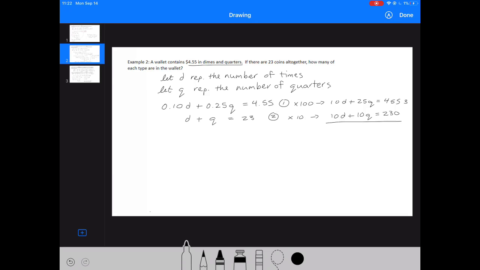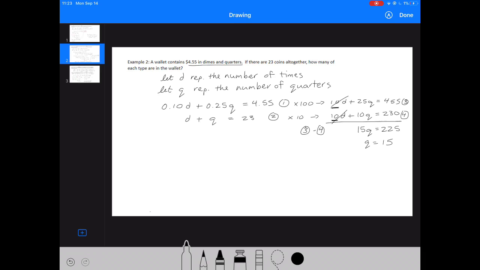So now I've got two new equations. I think the first time I did this video, I used substitution. Either way will work, and now you can see a different method. Now you should notice that my coefficient in front of d is the same. So I'm going to subtract those two equations to eliminate my variable. And I'm going to be left over with 15q equals 225, which results in Q equals 15.